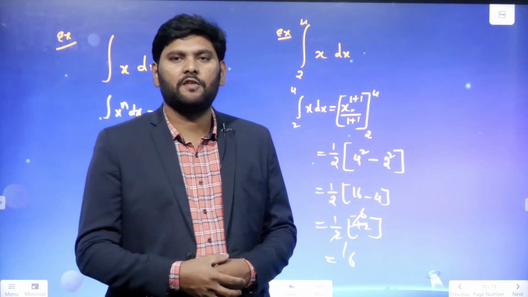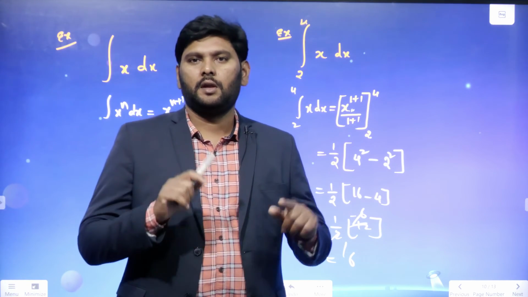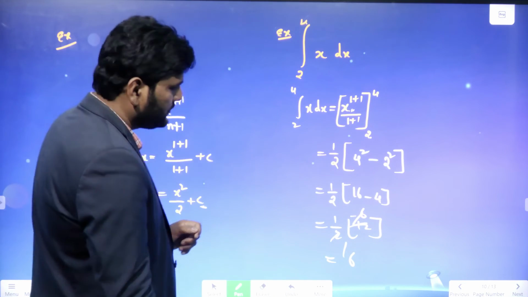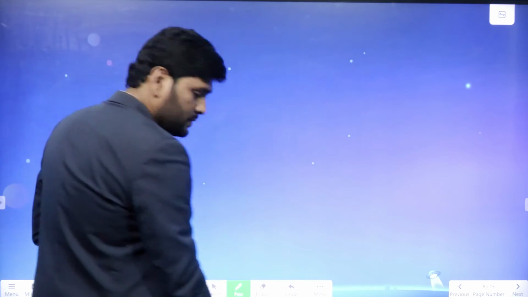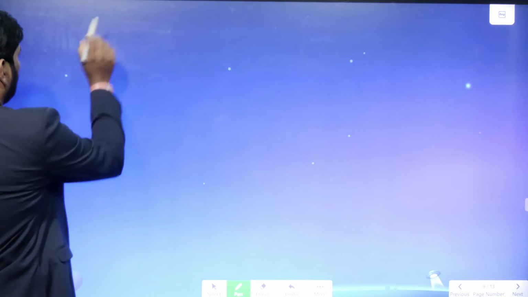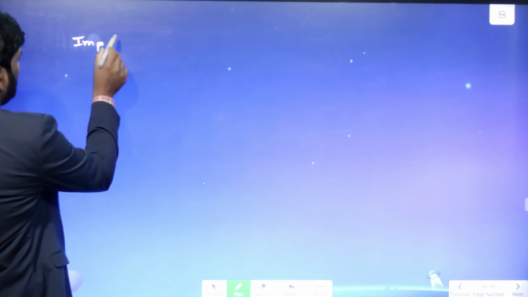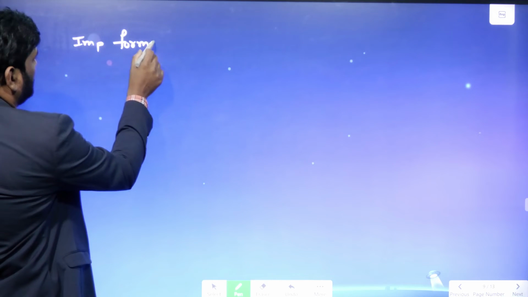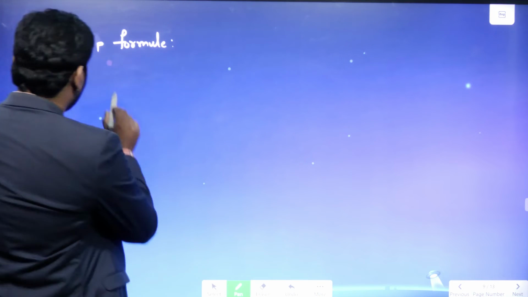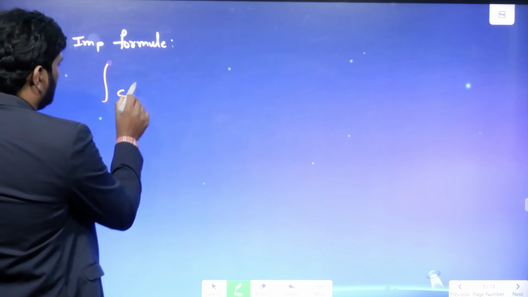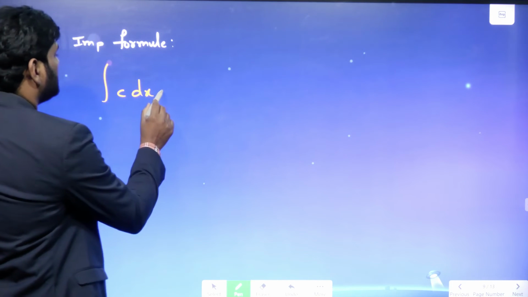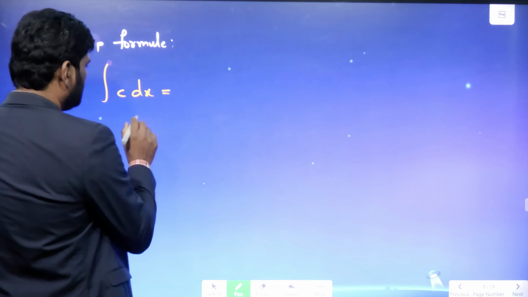Now I'll give some other formulas related to integration, and also we'll do some problems based on them. These are important formulas. The first one is integral C dx, where C is a constant.